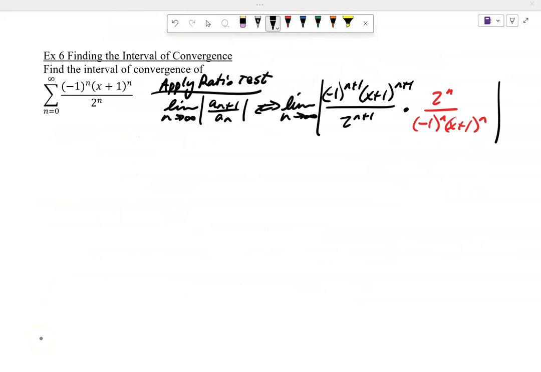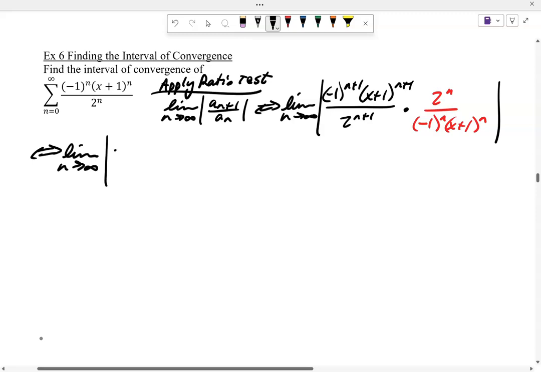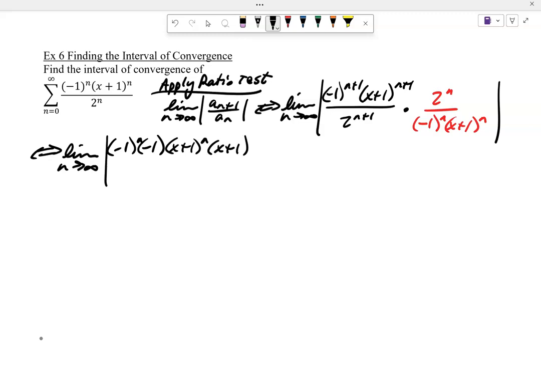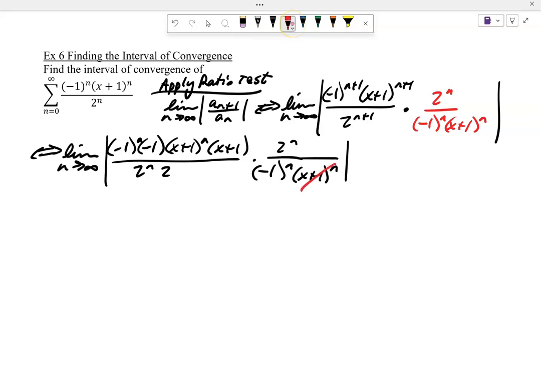Alright, so we applied the ratio test here, and let's go ahead and start canceling stuff. I got -1 to the n, I got -1, I got x plus 1 to the n, I got x plus 1 to the n, I got 2, I got 2 to the n, and I got x plus 1 to the n. Plus 1 to the n, those cancel. I got 2 to the n that cancels. I got a -1 to the n that cancels.